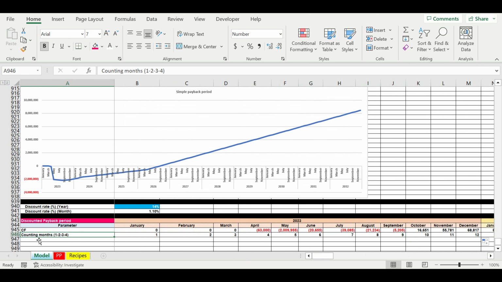So this will be discounted cash flow. What I will do, I will take this value and divide it.